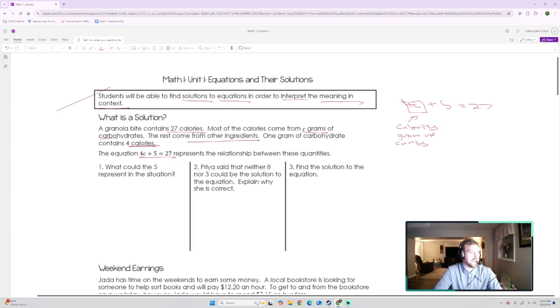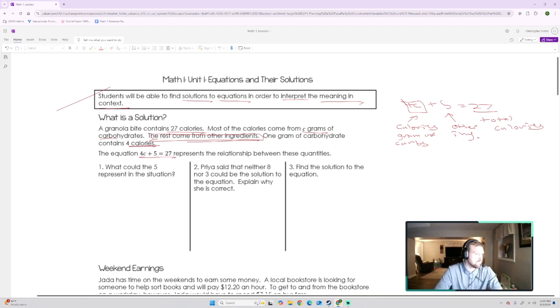Okay, so there's my calories for the grams of carbs. Here is my total calories. Alright, well, if that's the total calories and this is the calories of the carbs, then this must be the rest from the other ingredients, where it says it right there. So the 5 is the calories from my other ingredients. Boom.